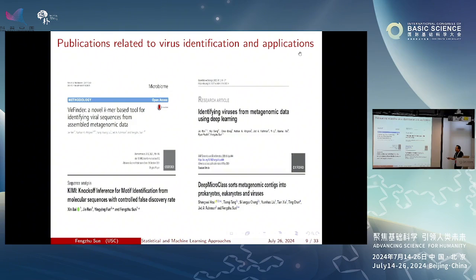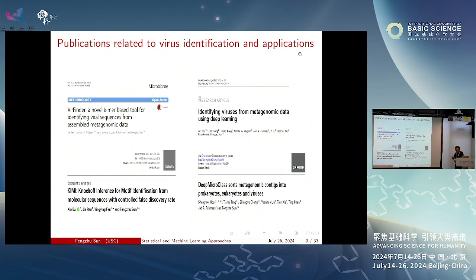Then three years later, we had deep learning, and we extended this work to deep learning, and we also extended the database, the training data. Those two studies play a very important role in the field of phage or virus studies in microbes. In particular, DeepVirFinder has been used widely in the development of phage databases.